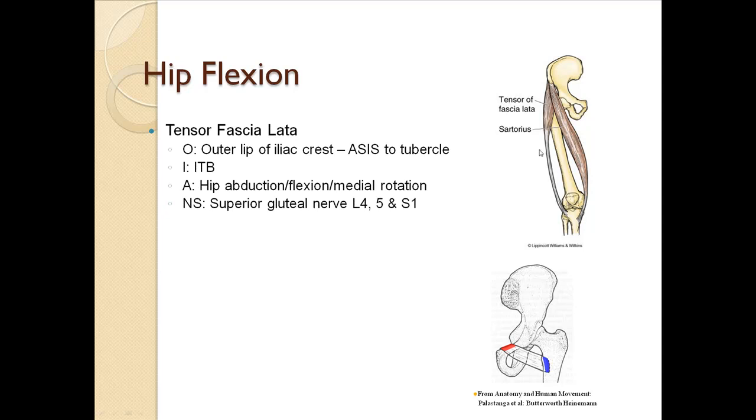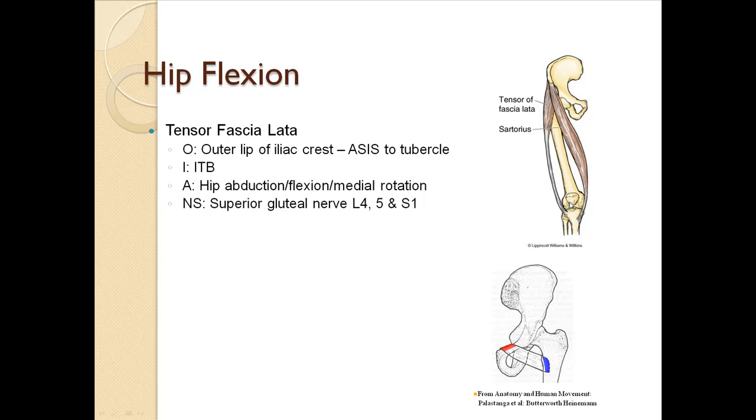Tensor fascia lata can be seen here. It arises from the external surface, from the lateral aspect of the anterior superior iliac spine and from the outer lip of the iliac crest as far as the tubercle. It passes obliquely, downwards and laterally before blending into the fascia lata and a thickening in the fascia lata, the iliotibial tract, as can be seen here, which runs down and eventually inserts into Gerdy's tubercle.